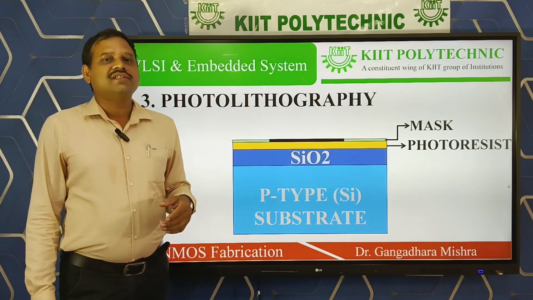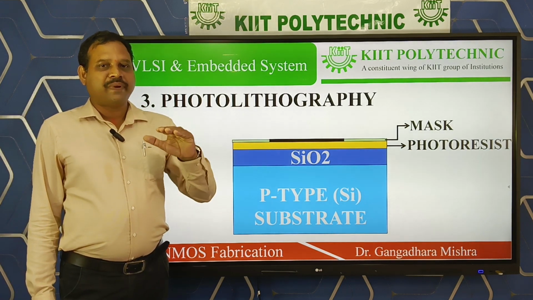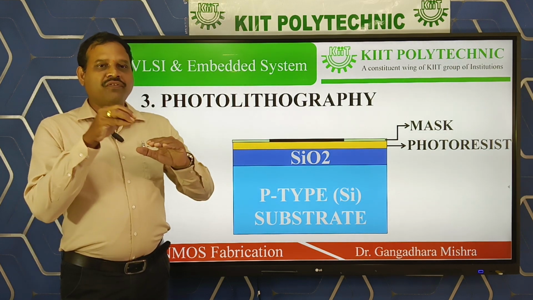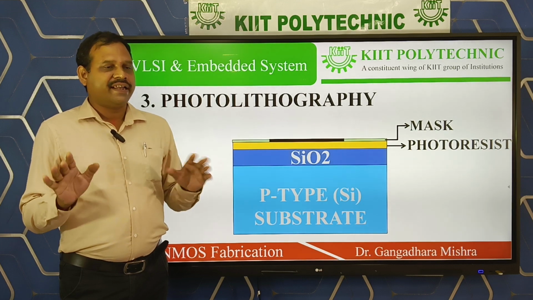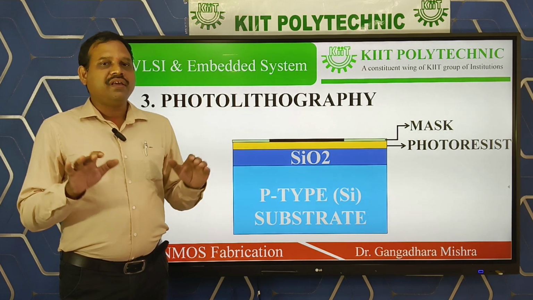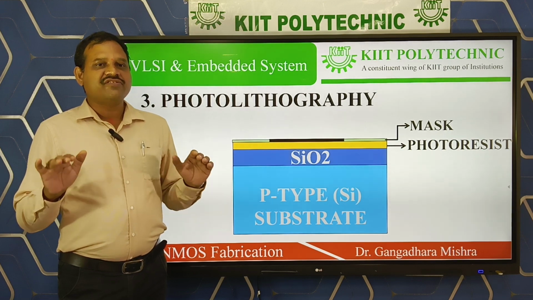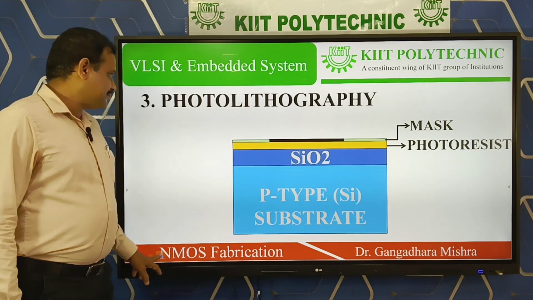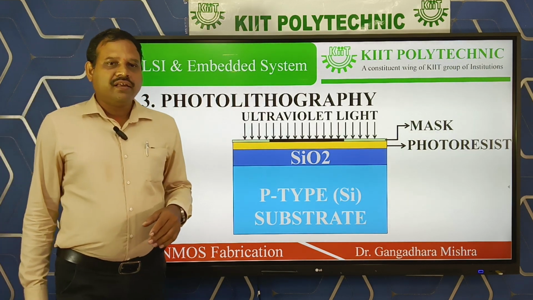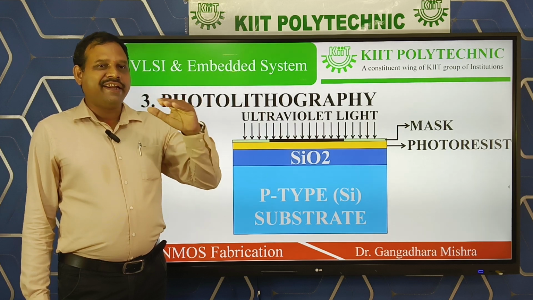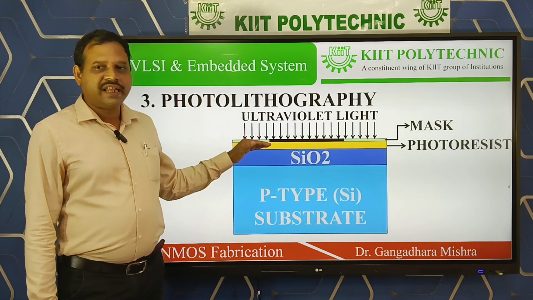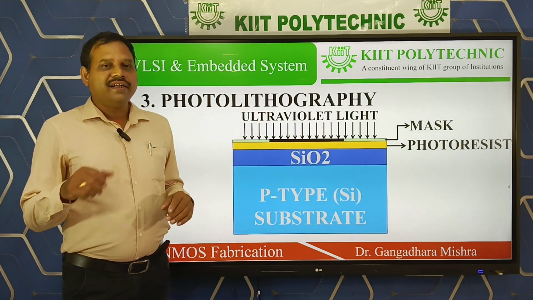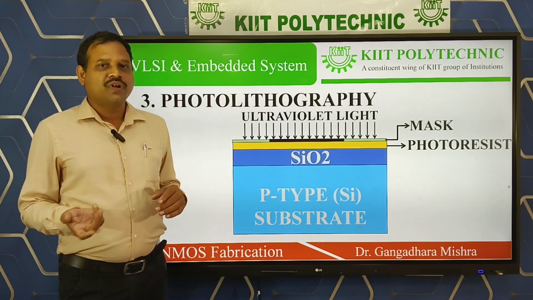Once the photoresist is applied, a mask is placed over it which indicates which area is to be removed and which area is to be kept intact. That mask protects those areas which are not to be disturbed during fabrication. Finally, the UV light is applied, interacting with the photoresist layer in the areas opened in the mask, and the rest of the areas are unexposed.